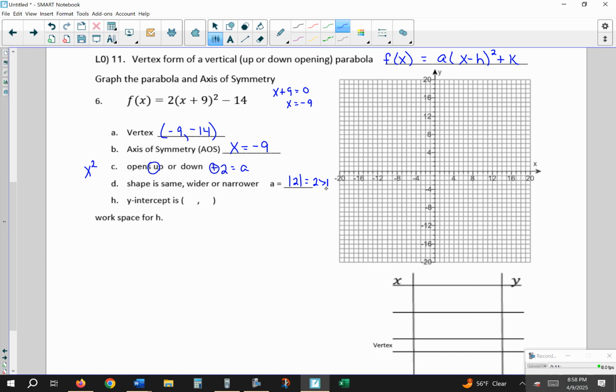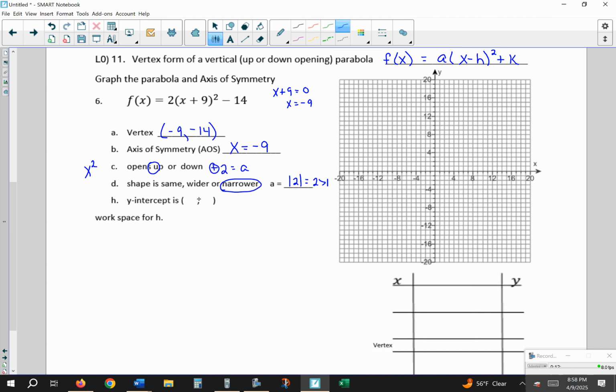And so whenever that value is greater than 1, that's going to make my shape be narrower because my points happen faster. And of course, we remember if it's between 0 and 1, or it's a proper fraction, that makes it wider. And if it equals 1, that makes the shape the same.